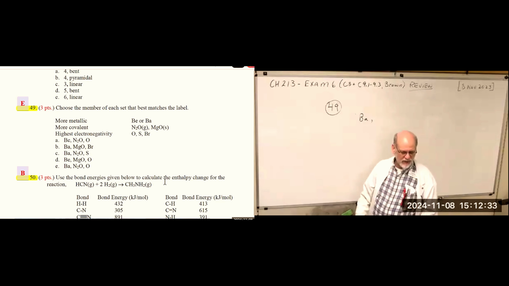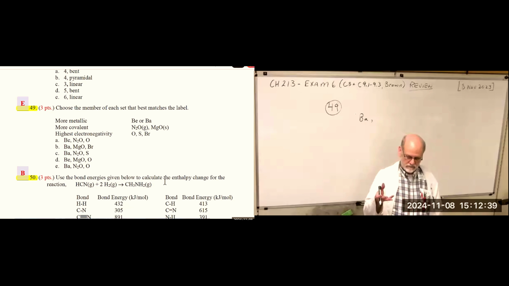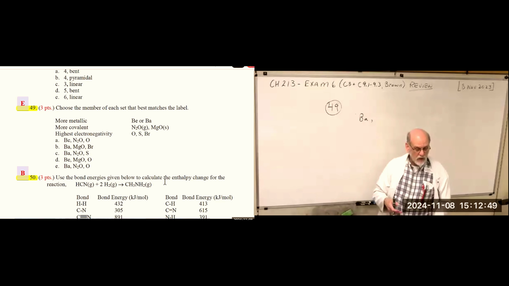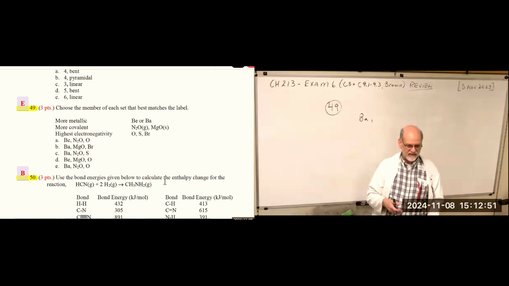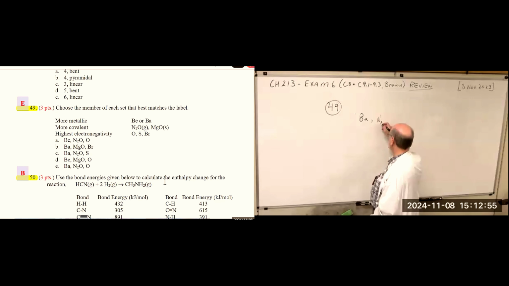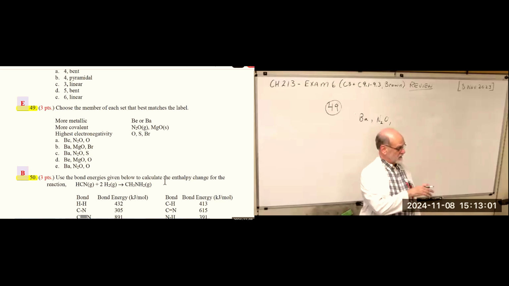The more covalent bond, well, you need nonmetals. Magnesium and oxygen are metal nonmetal. That's not covalent. N2O, nitrous oxide, laughing gas. That's the more covalent. And the next one, highest electronegativity. All right.